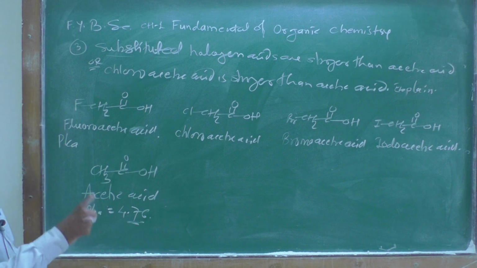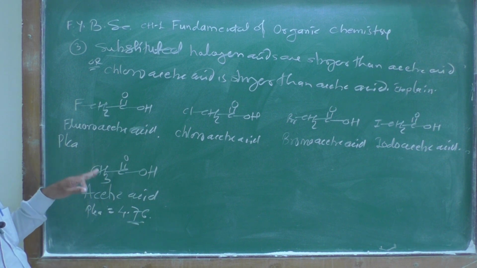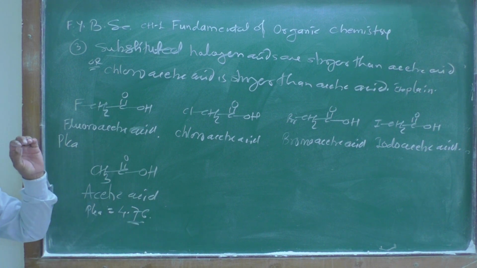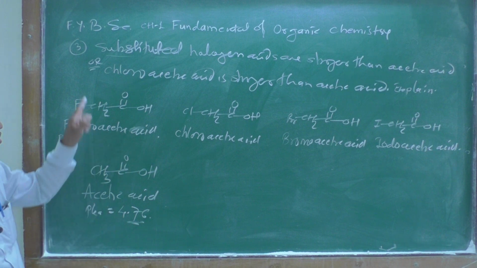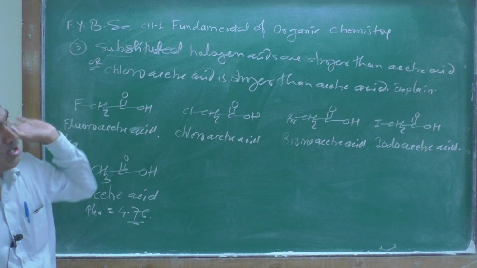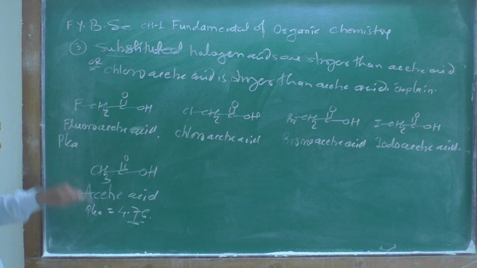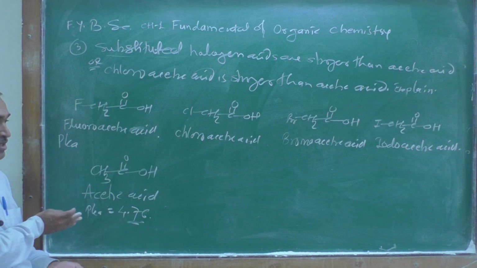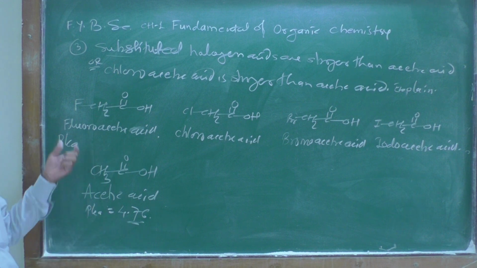Now for fluoroacetic acid, roughly, and there is no need to remember this, but what we are saying is that substituted halogen acids are stronger than acetic acid. It means their pK values must be less than this one.